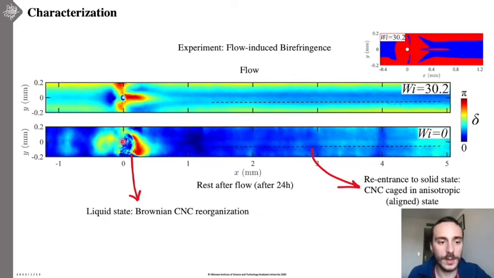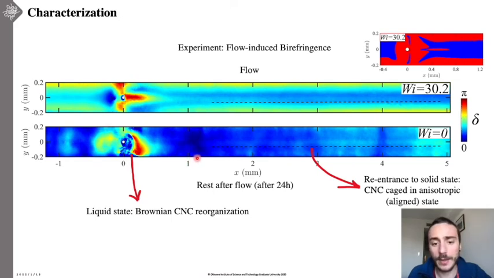What we see is that in this region near the cylinder, where the material was predicted to be in the liquid state, the material can undergo reorganization, and the CNC can reorganize thanks to Brownian motion, and therefore the birefringence attains pretty much a random pattern.